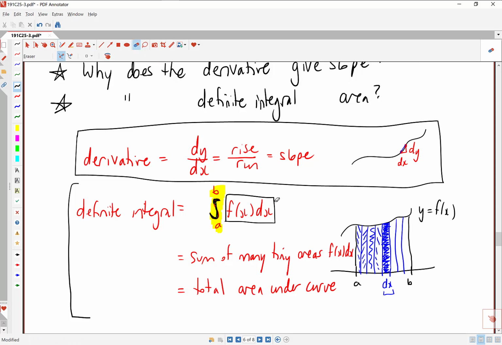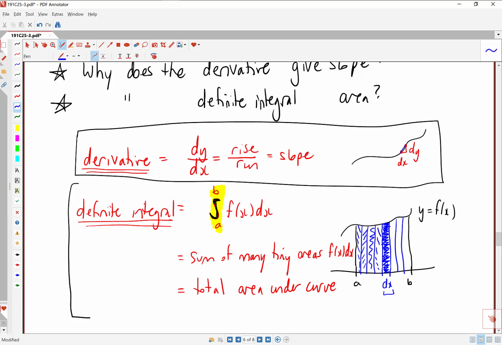Okay, so to answer the really deep question here, which is how are taking a derivative and taking an integral inverse processes? Well, essentially what this boils down to is that taking a derivative, in a sense, is like doing a division, because you're dividing rise by run. And taking a definite integral, in a sense, is like a multiplication, because what are you doing?